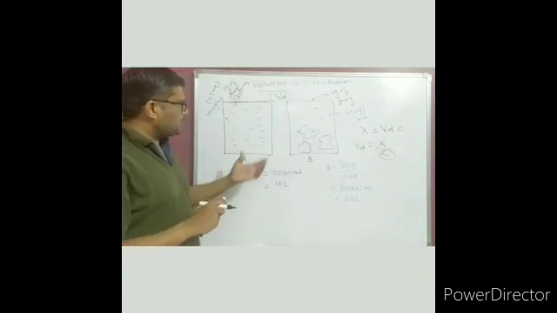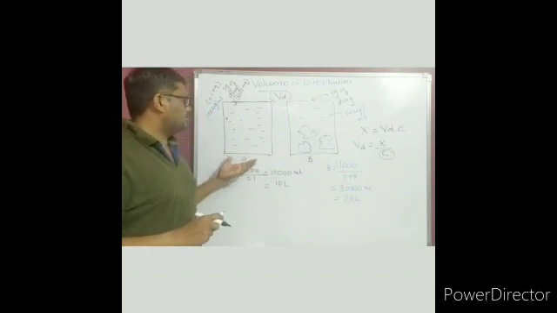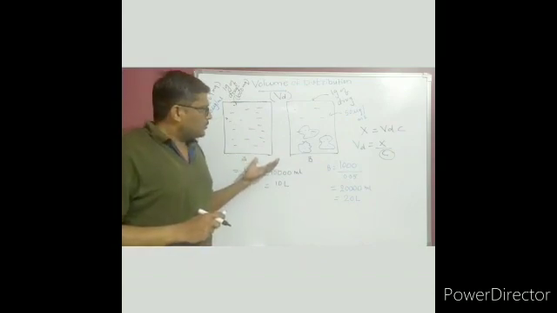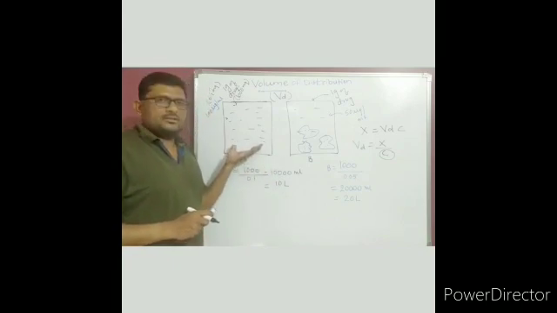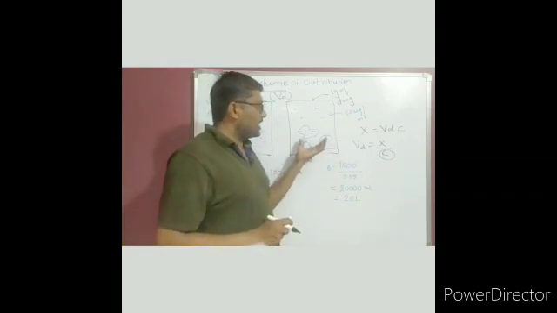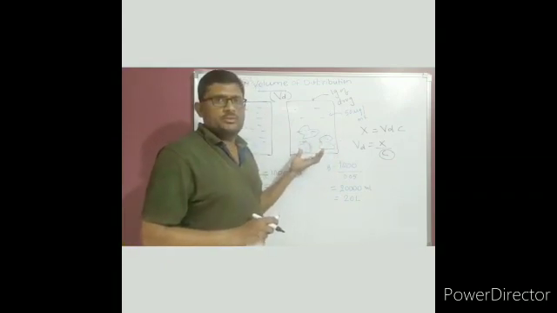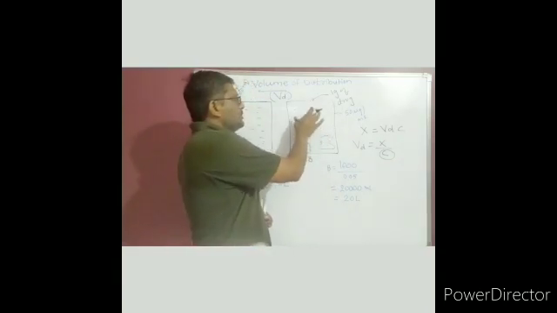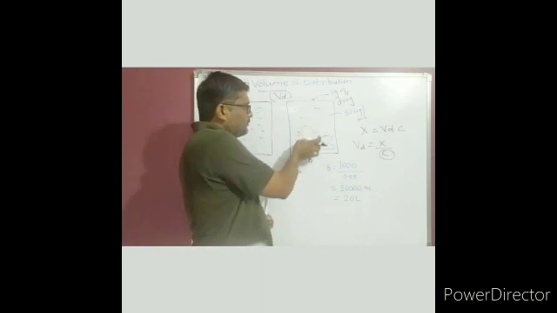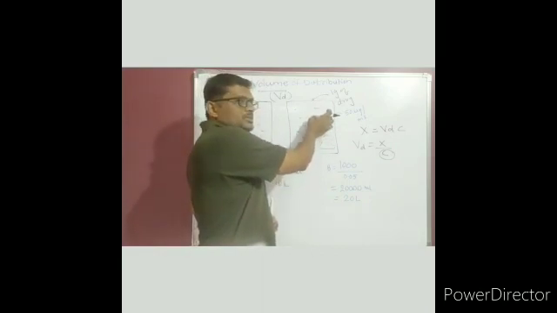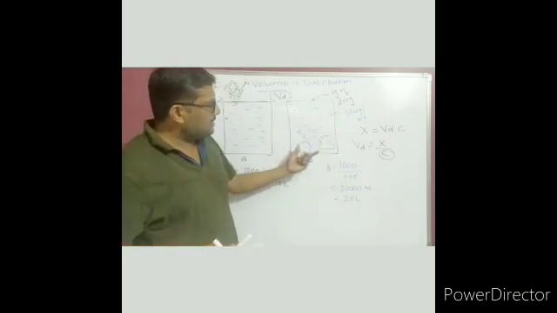Now consider this container as a physiological model, the human body. This is the central compartment, and the charcoal is the extravascular tissue or adipose tissue. The drug present in the plasma will get perfused or penetrate into the extravascular tissue, so the concentration of drug in the plasma gets less.